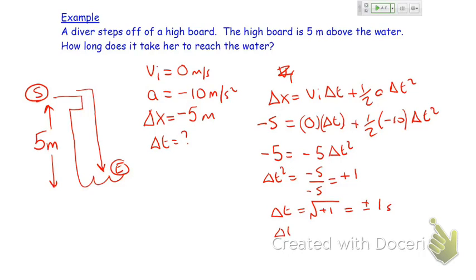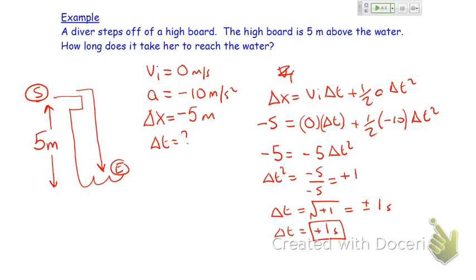So delta t, clearly it's after I started, so that's going to be +1 second. So, same old. Draw a diagram, extract your information, make a list, put your equation down, shove numbers in.